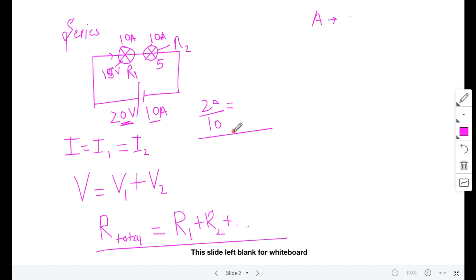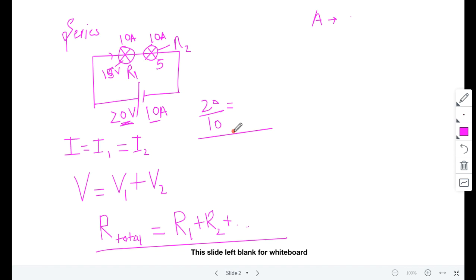But then if I have to find the R total, like the formula down there, R1 plus R2 and so on. Usually when I'm working something out, I need to write a formula before it. But when I'm working out the total resistance, and they give me the volts and current, and I'm supposed to find the total resistance.